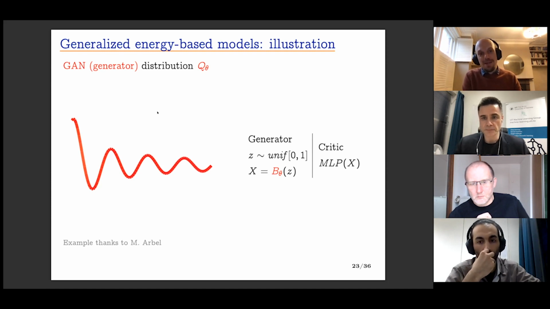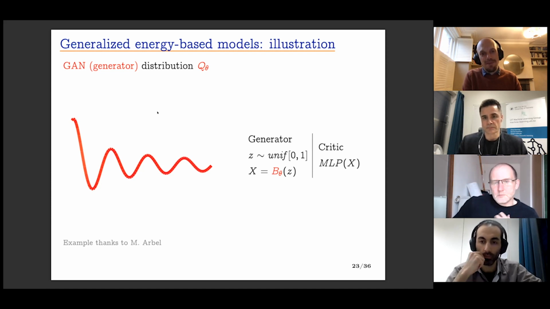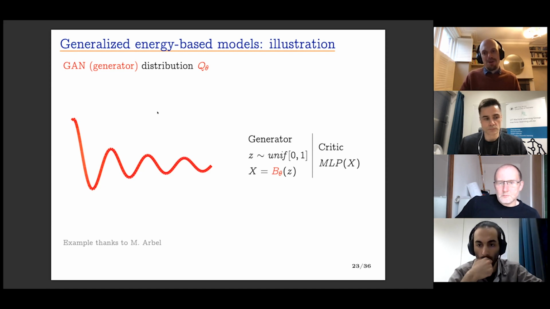My cause for hope is that using these generalized energy-based models might allow us to use generators which are a little bit lazier than one needs for GAN. What I mean by that is that they are going to place mass on a much broader distribution than the target, and then rely downstream on the energy function to refine that mass.